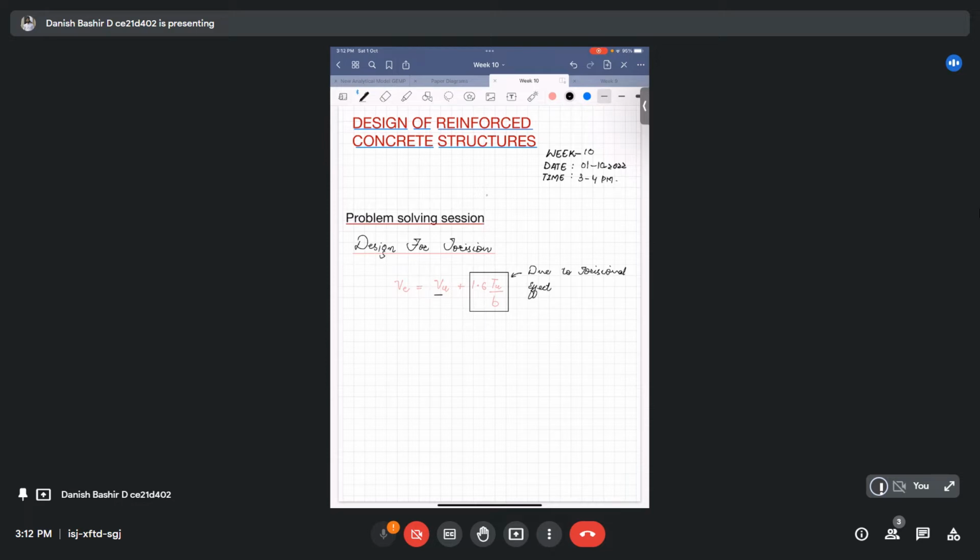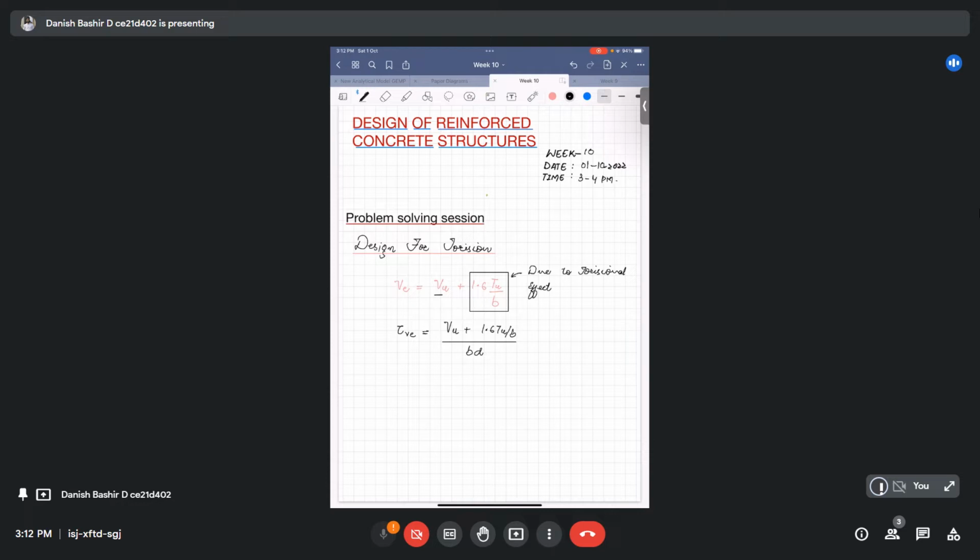So the shear stress that will come due to this shear force, the equivalent shear stress tau_ve, will be given as (Vu plus 1.6 Tu by b) divided by the area of cross section, b the width of the section, d the effective depth. This is just the basic formula you have to remember in design.